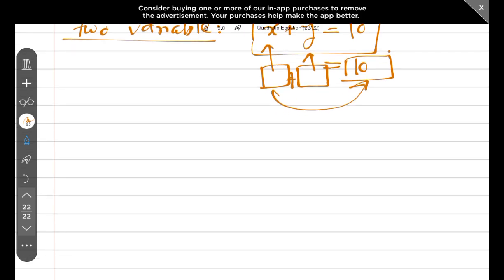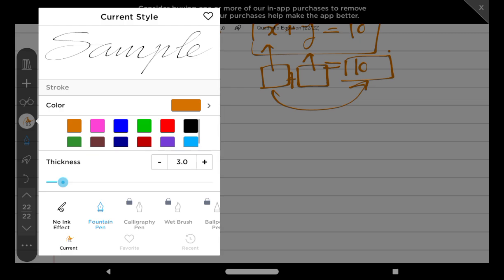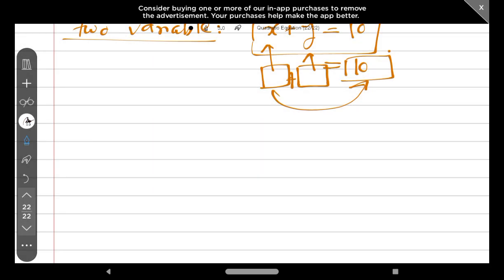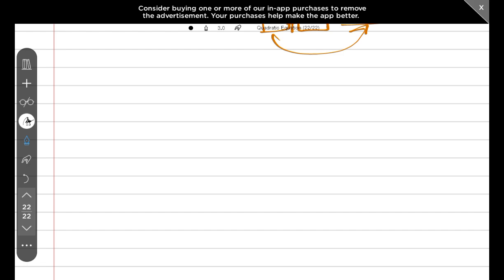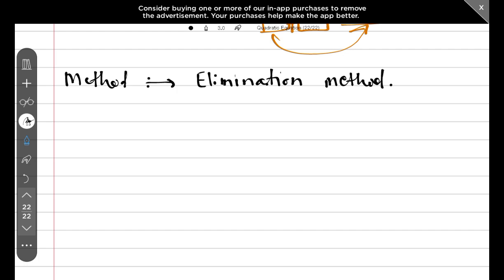But don't worry, we are going to see in a very simple manner how to solve. There are basic, simple methods. There are a number of methods or techniques to solve these equations. So first we are going to see method 1. Normally it is also called the elimination method. What is the elimination method?